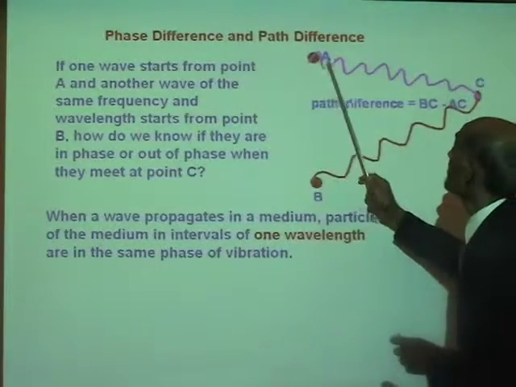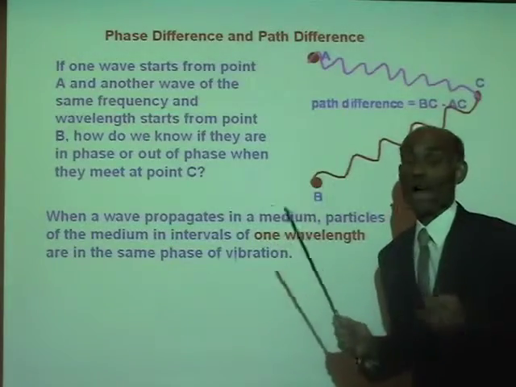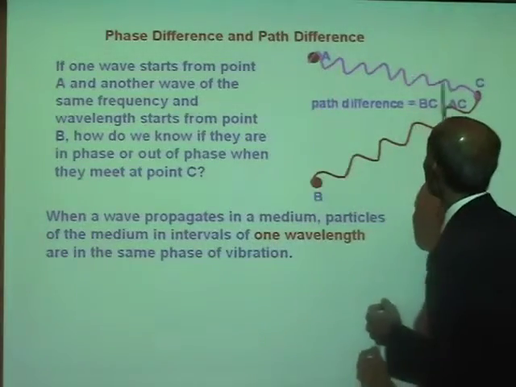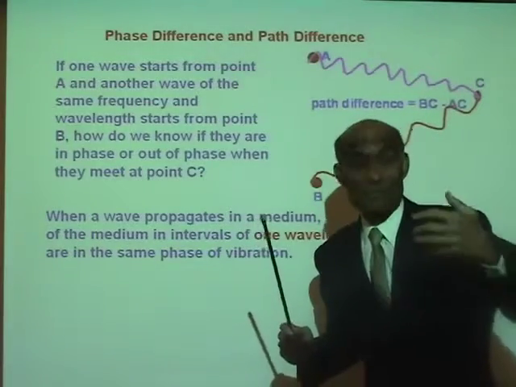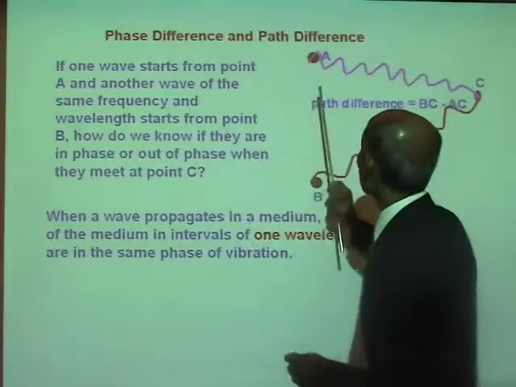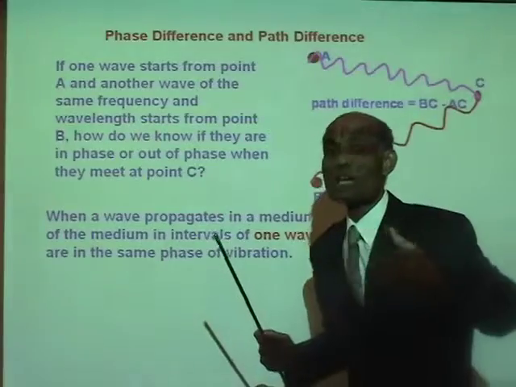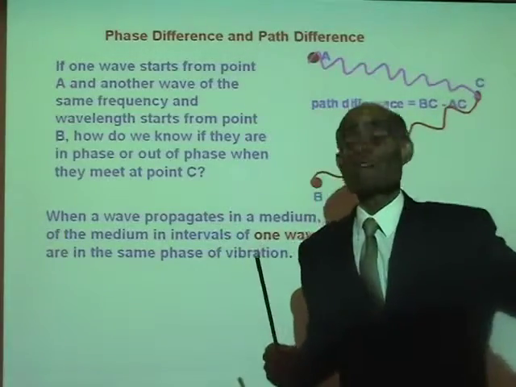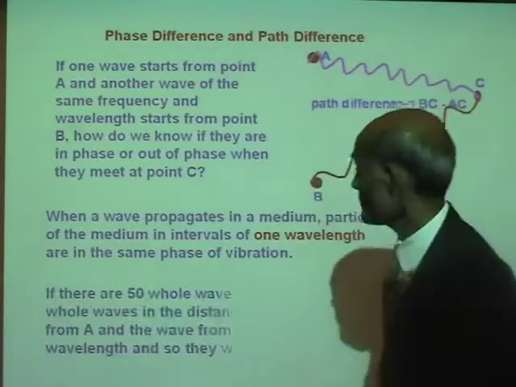So the energy from here and the energy from here will be in phase. How about if the difference between the two paths is 2 wavelengths? But then again they will be in phase. In other words, if the path difference is an integer multiple of the wavelength, then they will be in phase.